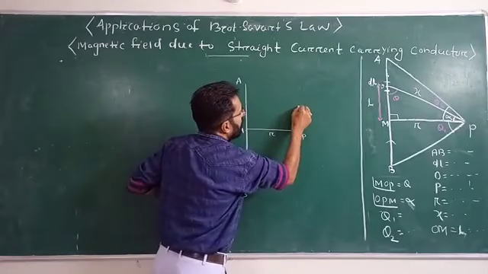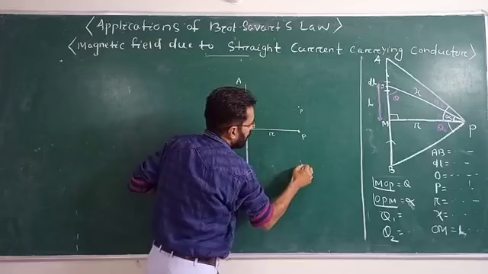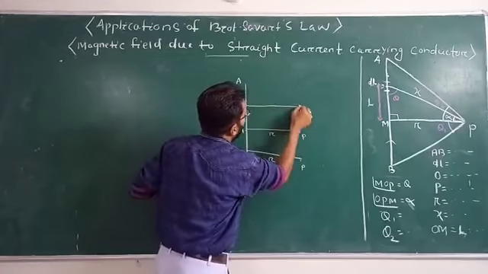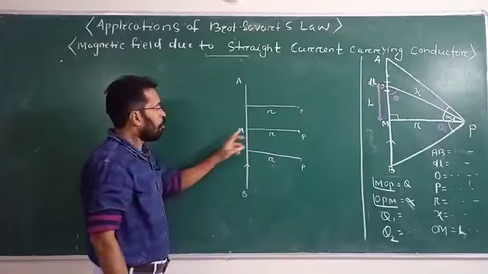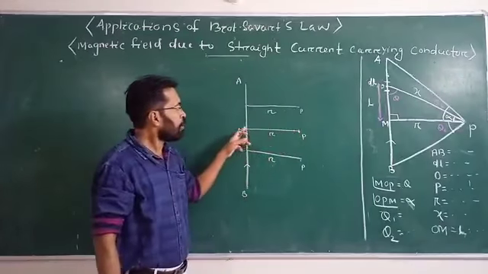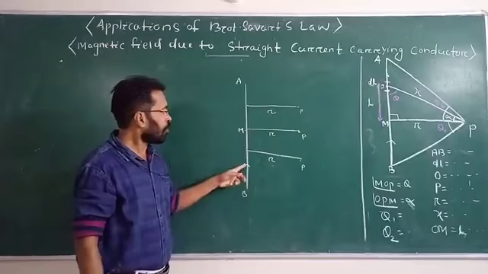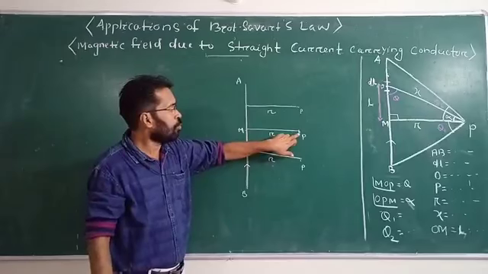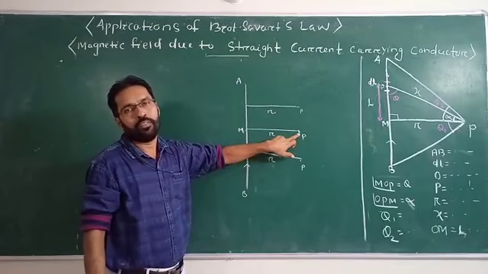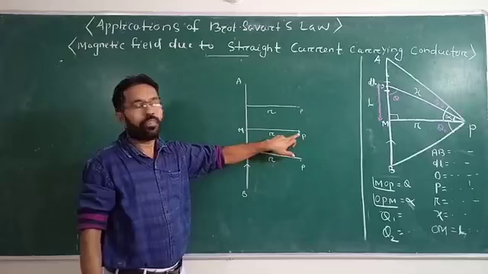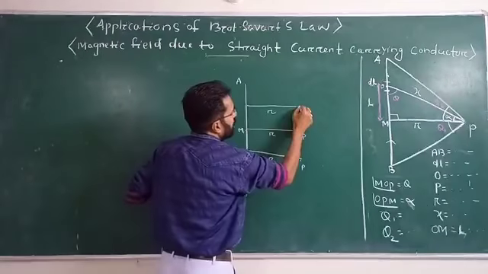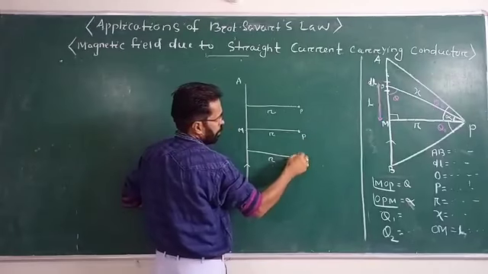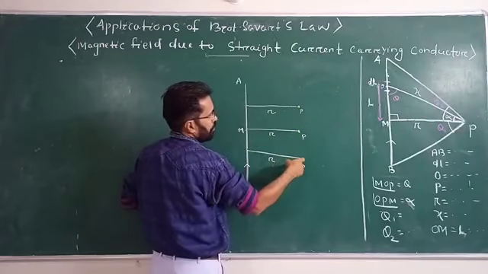Because if point P is here or if point P is here, this is also perpendicular distance R. So only this instruction, perpendicular distance from the straight current carrying conductor, is not sufficient to locate the point P. And remember, the magnetic fields at these points are different from each other.